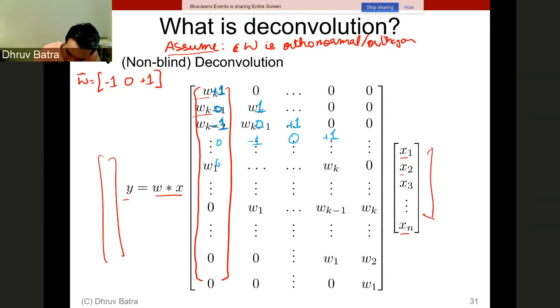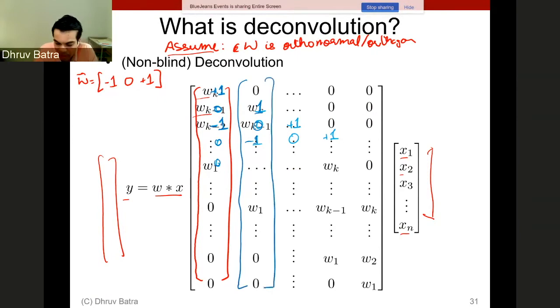For this setting of W's, what is the dot product of these two columns? So column 1 and column 2. Somebody want to tell me in the chat? It's an easy one.